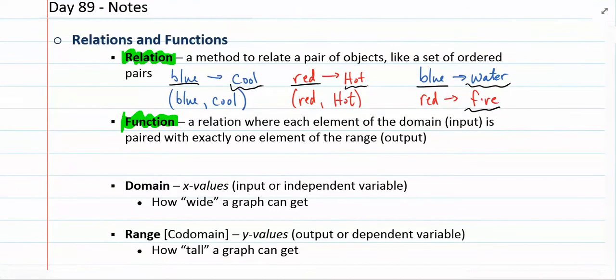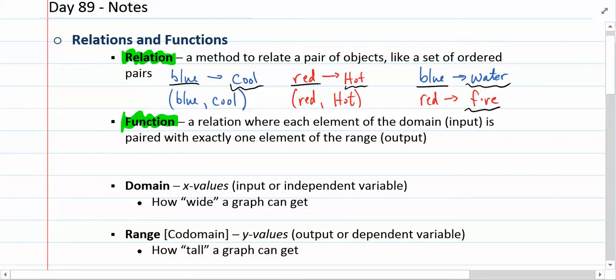So I drew my relations with arrows earlier. We might consider the object on the left side our input and the object on the right side as our output. So if I say the word blue to you, that's input, that's given to you. I input the word blue, and the output from there is the word cool, because blue should generate the thought cool in your mind.